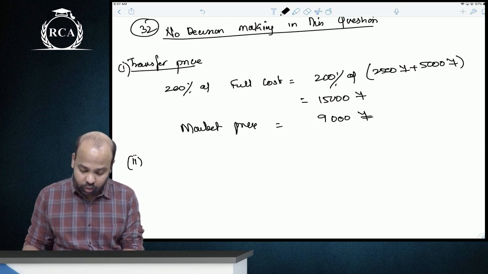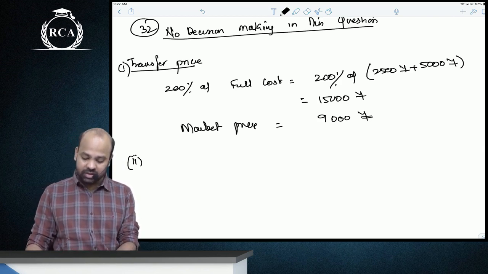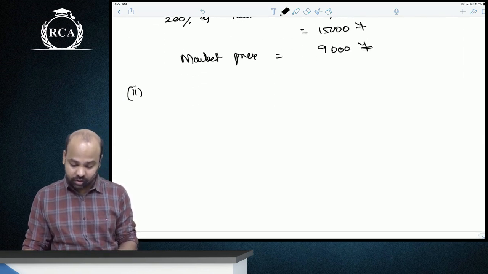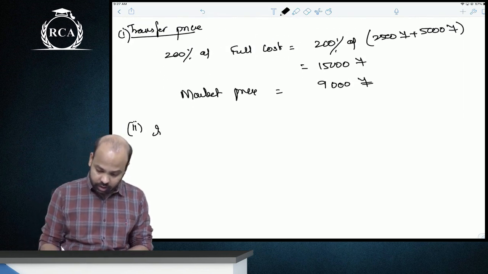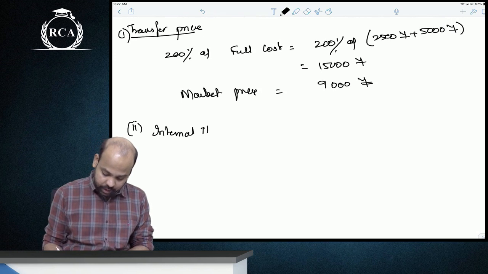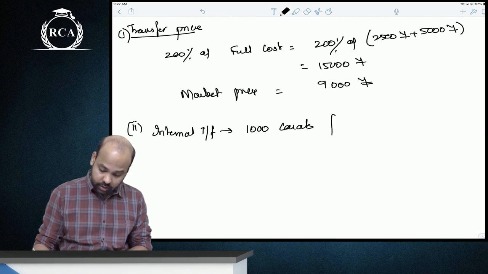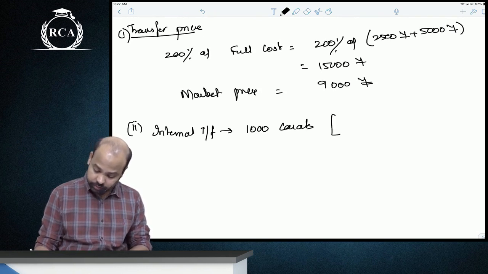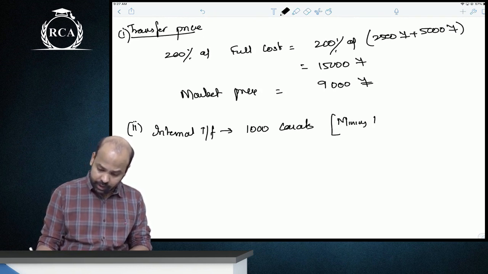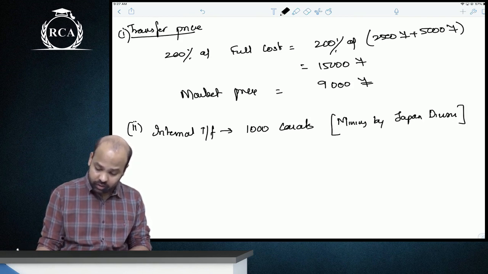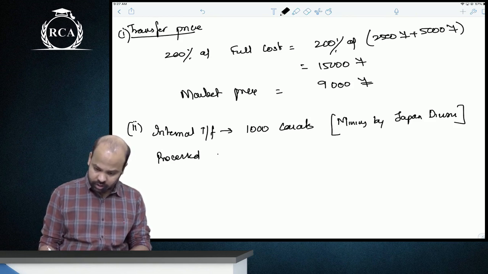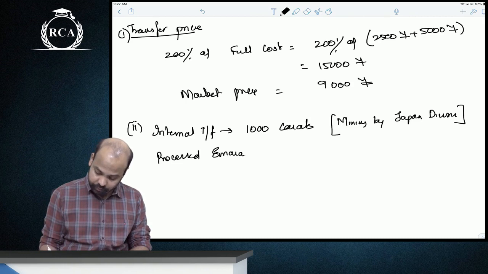It says, guys, compute the amount of after-tax operating income for each division under both the transfer pricing methods stated above. So there are internal transfers, but 1,000 carats. This would be the mining division in Japan. And for the UK division, the processed emeralds are 500 carats.